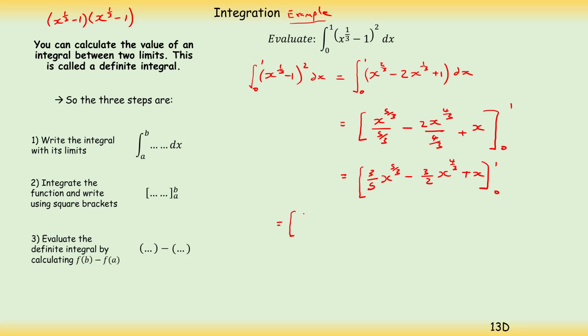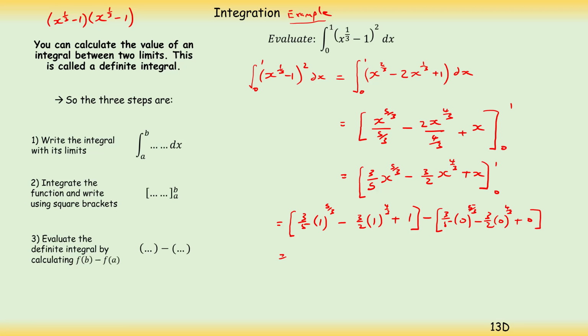So that's going to be 3 over 5 times 1 to the power of 5 over 3, minus 3 over 2, 1 to the power of 4 over 3, plus 1, all minus 3 over 5 times 0 to the power of 5 over 3, but it doesn't matter what power because it's multiplied by 0, minus 3 over 2 times 0 plus 0. I tell you what, I'll put the powers in just to be complete.